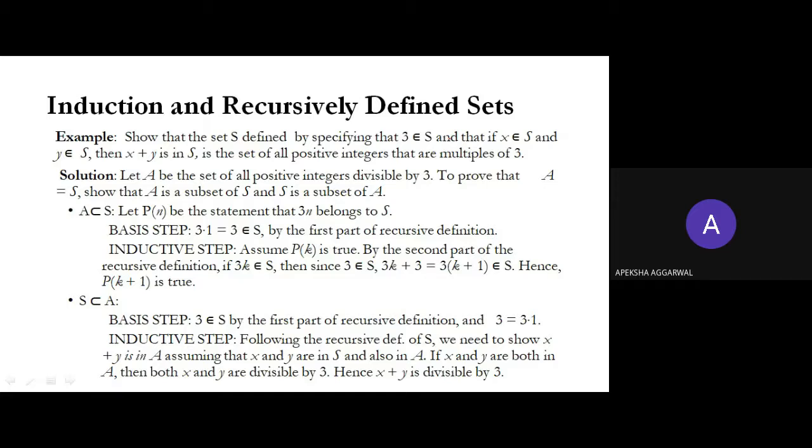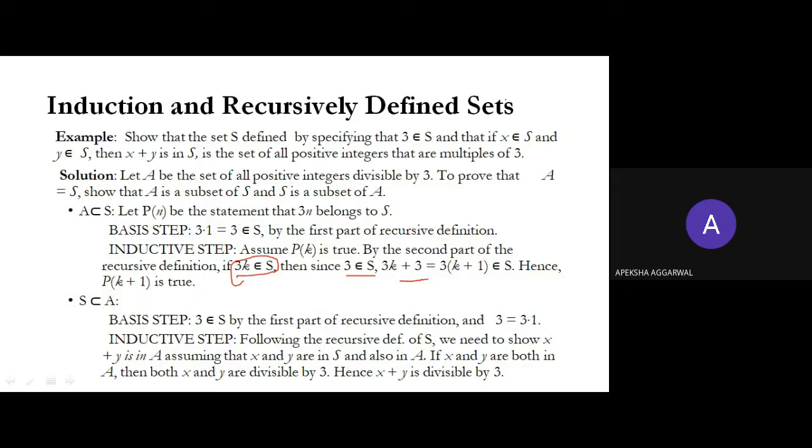Now we have to prove that Pk plus 1 is true. By the second part over here, 3k belongs to S, you have assumed this. Now 3 belongs to S, so 3k plus 3 is coming from P of k plus 1, right? We want to prove that P of k plus 1 also belongs to this set, where it is also a multiple of 3, right?